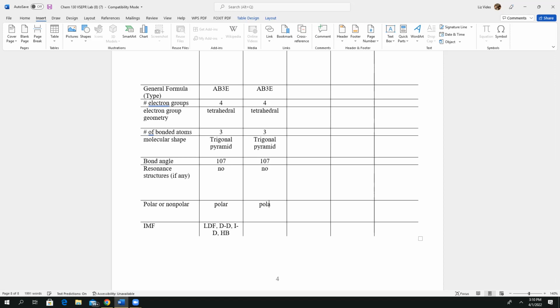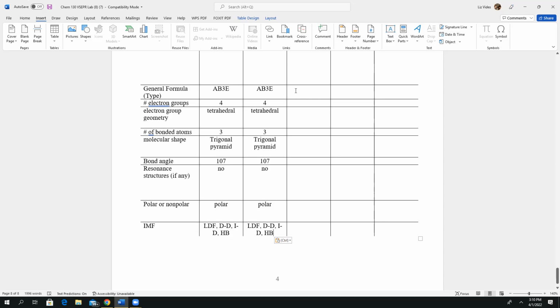It is polar, that's easy enough. But all of these also apply. And this time it is an ion. Therefore, ion dipole definitely applies to this one because it is the ion itself. All right, the next one is NH4 plus.